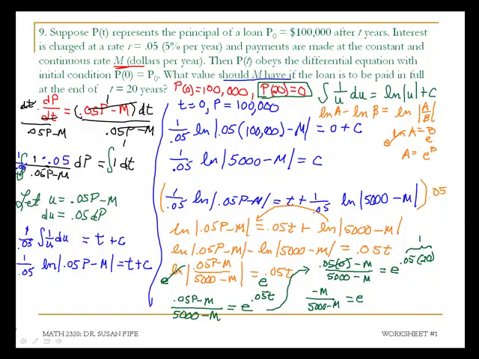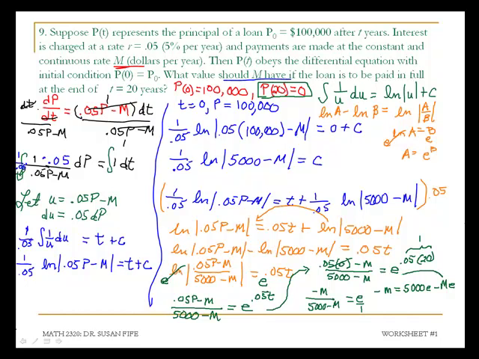Here I need to multiply, let me take cross products. I'm going to write this as e over 1. And then I'm going to treat this as a proportion and take cross products. When I take cross products, it gives me negative m times 1. That's negative m is equal to, my other cross product is e times (5,000 minus m). It's going to give me 5,000 e minus m times e.